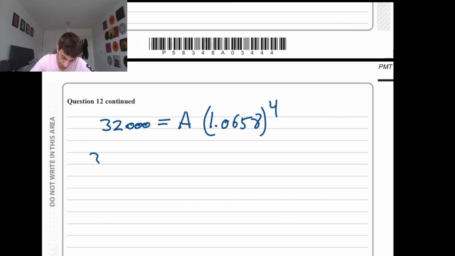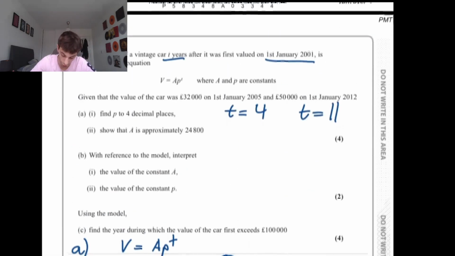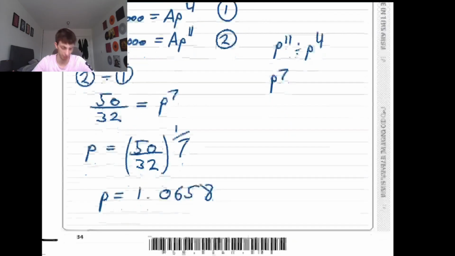So 32,000 divided by 1.0658 to the power of 4 will be equal to A. Put that in your calculator, making sure you use the answer from before to make things a little bit faster. That will give you your value of A to be 24,796.80.